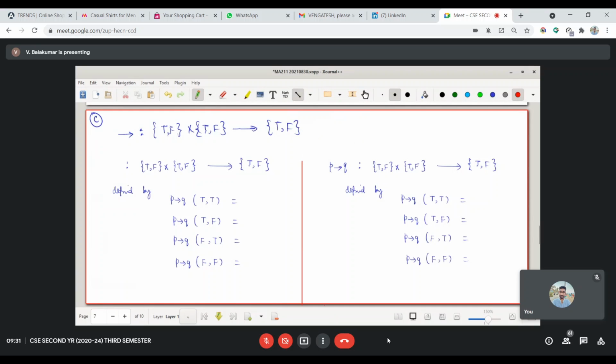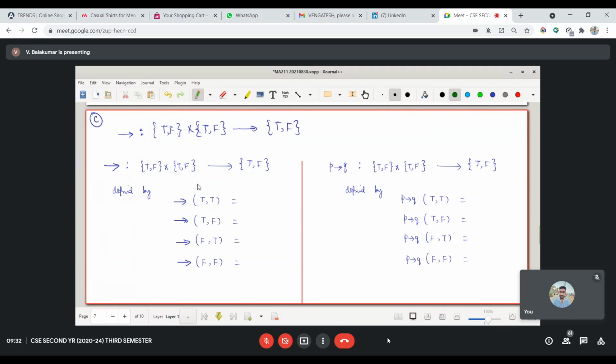You can use any one of them. Both are okay. So here, look at the left side, I'm using this symbol. Now I'm defining that. Only four possibilities I have, so I'm listing them out. So this is defined by implication.